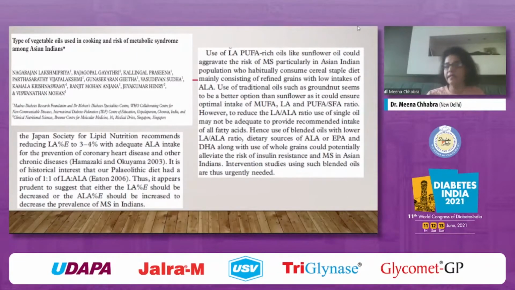And therefore, blended oils with lower LA-ALA ratio, we need more dietary sources of ALA, EPA, and DHA, along with whole grains, will actually help us to decrease the risk of insulin resistance and metabolic syndrome. Now, we need intervention studies with blended oils, and they are lacking.